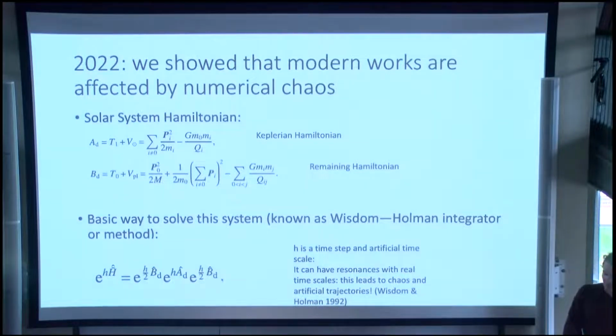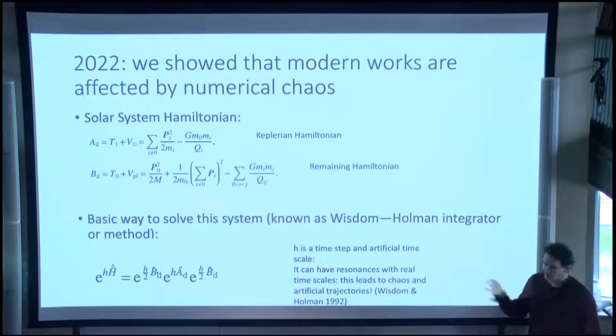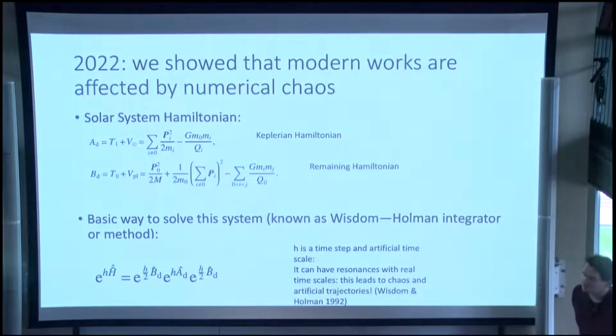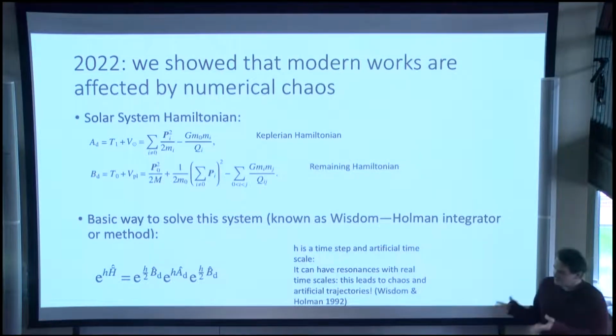What the Wisdom-Holman method consists of is alternating these operators. We do the time evolution operator for B with a 1/2 coefficient, then A, and then B. It turns out this gives us an approximation to the solar system trajectories as a function of time. So this is our solution to the trajectory of the planets.